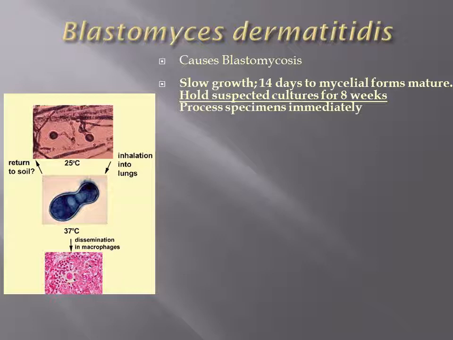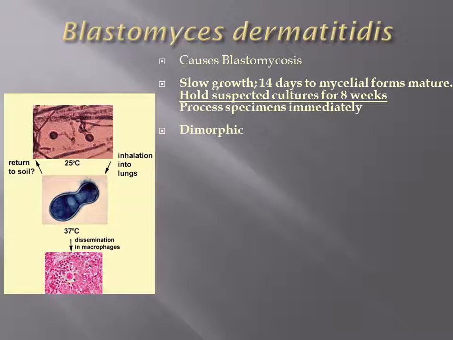We discussed early in the semester how in general this is important with fungal cultures so that the pathogen doesn't get overgrown by either bacteria in the specimen or rapid growing fungi that grow up first and then prevent the pathogen from growing.